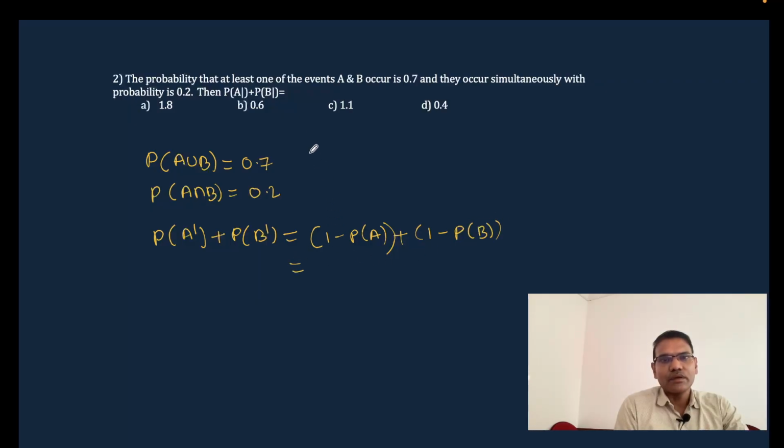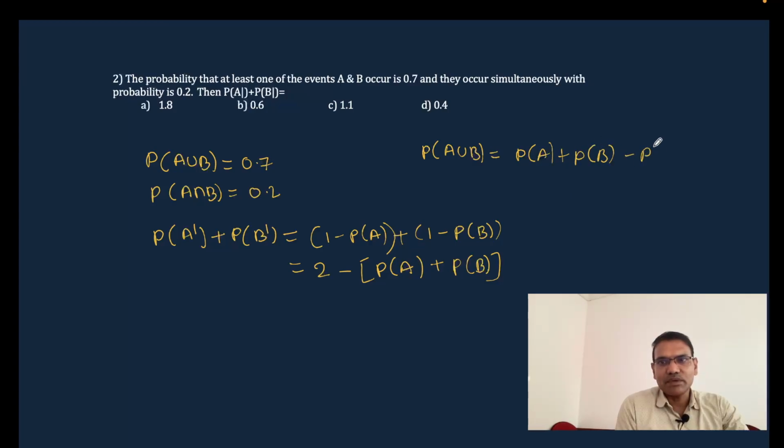Now this will be 2 minus P of A plus P of B. There is another property from probability: P of A union B equals P of A plus P of B minus P of A intersection B, right?